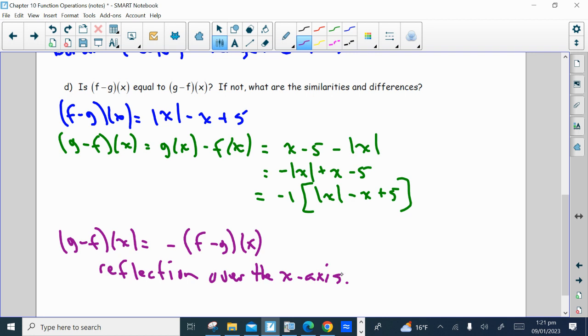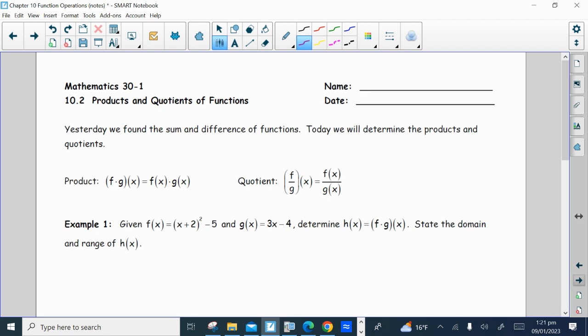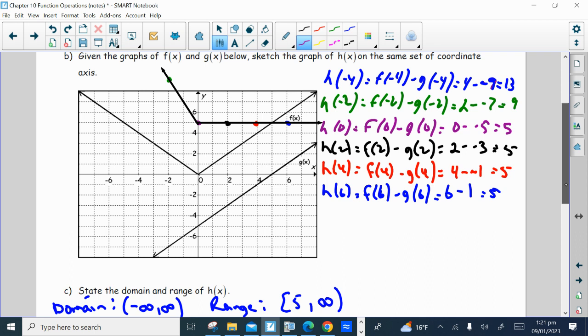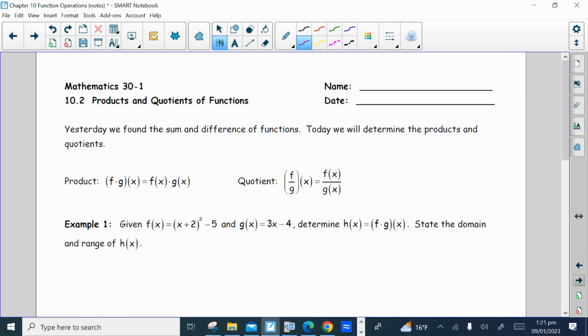Okay? Again, you have to remember that when you subtract, order absolutely matters. When you're adding the two functions, order wouldn't matter. But when you're subtracting, it absolutely does.